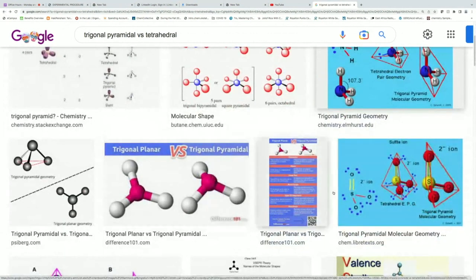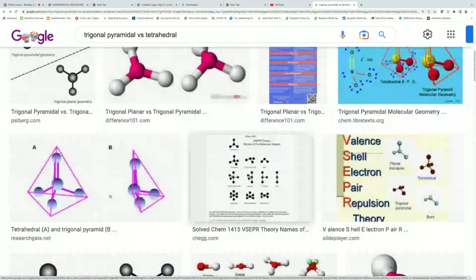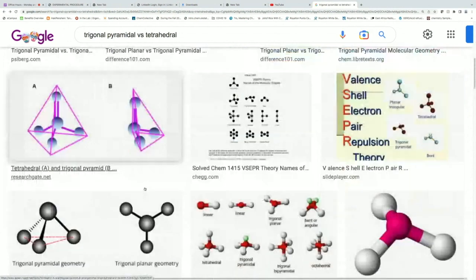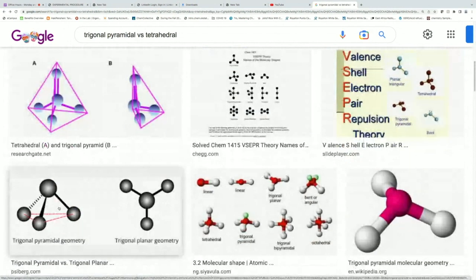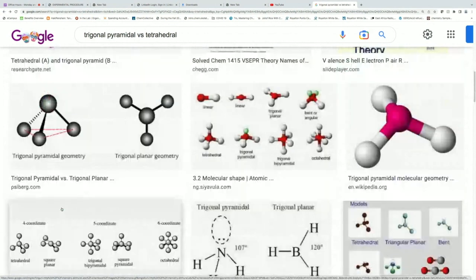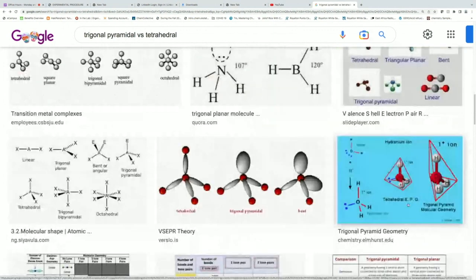Yeah, like this versus that. Yeah, right here. I would say this one looks a lot better. It looks more like a pyramid right here. Okay. And then of course you have bends. Now they're showing you all three right here on the bottom right.